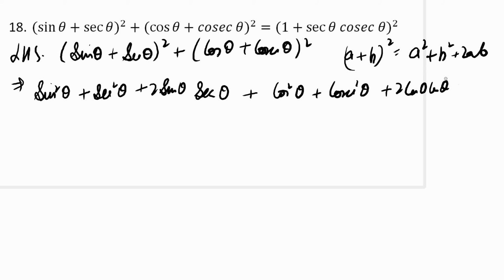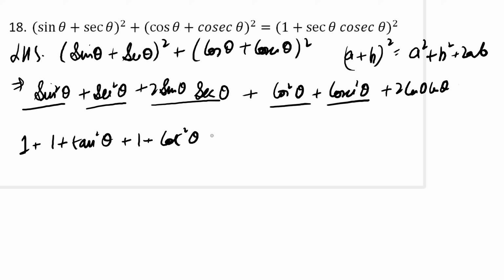Then sin square theta plus cos square theta will become 1. Instead of sec square theta we will write 1 plus tan square theta. Instead of cosec square theta we will write 1 plus cot square theta.